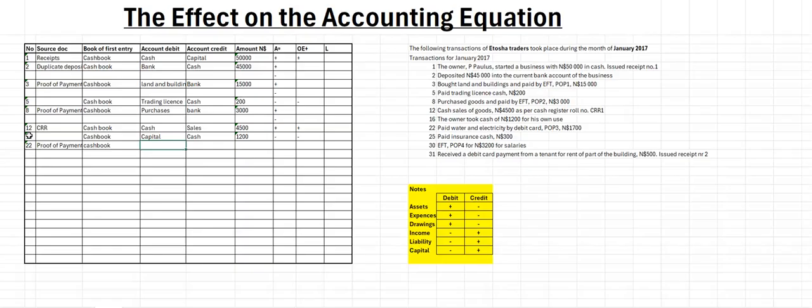So our assets are decreasing on the credit side. So that would be cash here. And our expenses are increasing on the debit side, which means that will be there. So that is water and electricity. And that would be for $1,700. Our assets are decreasing and our owner's equity is decreasing.